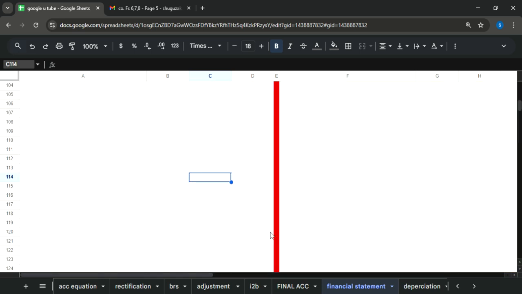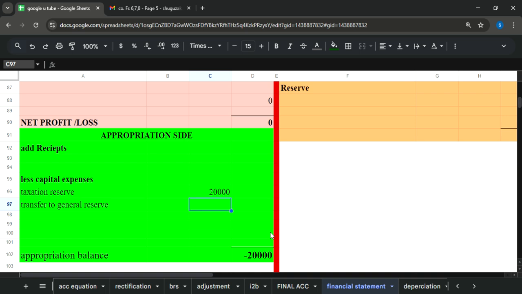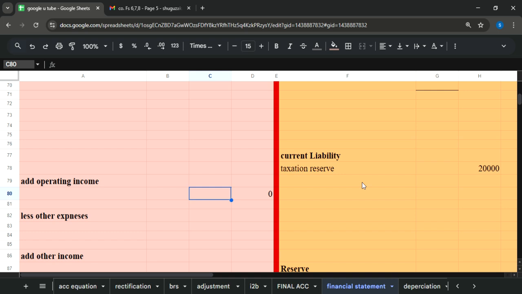So we are going to write 60,000 in the appropriation account. Secondly, we'll go to current liability and here we will mention transfer to general reserve, the amount of which is 60,000. Just post it on the current liability side as well. Dual effects completed.